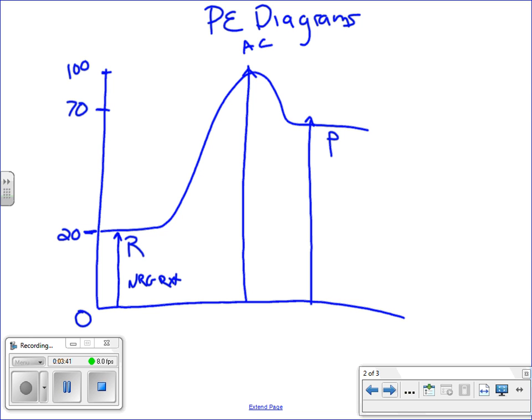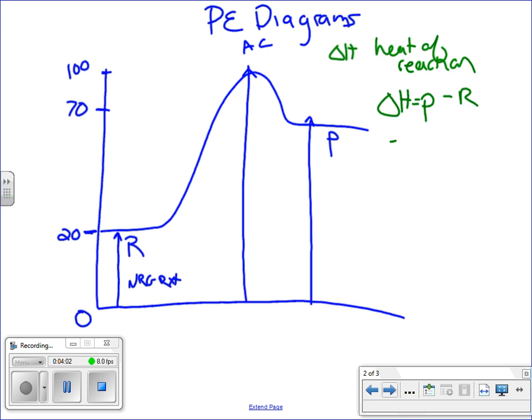Delta H is heat of reaction. And it's basically just the difference in energy between the products and the reactants. So delta H is the product energy minus the reactant energy. Okay?